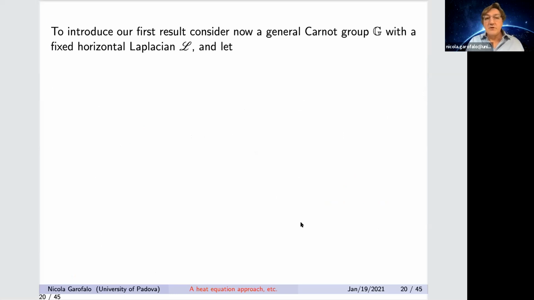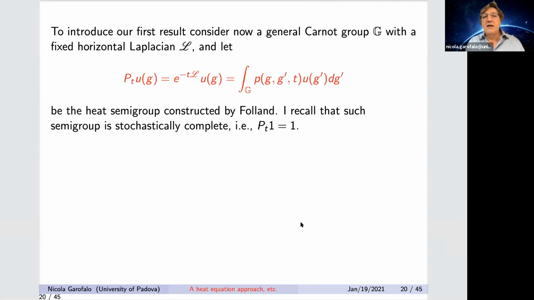So to introduce my first result, let me consider a general Carnot group. I just told you what they are, so at this moment we have a very superficial glimpse of what these objects are. But there is a well-known heat semigroup defined on this group.